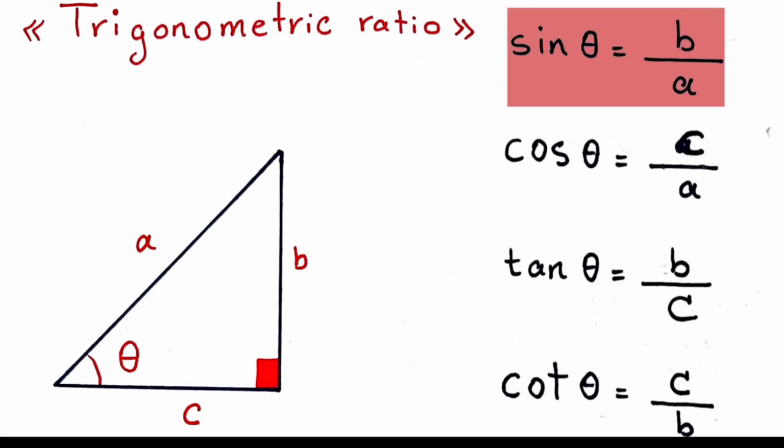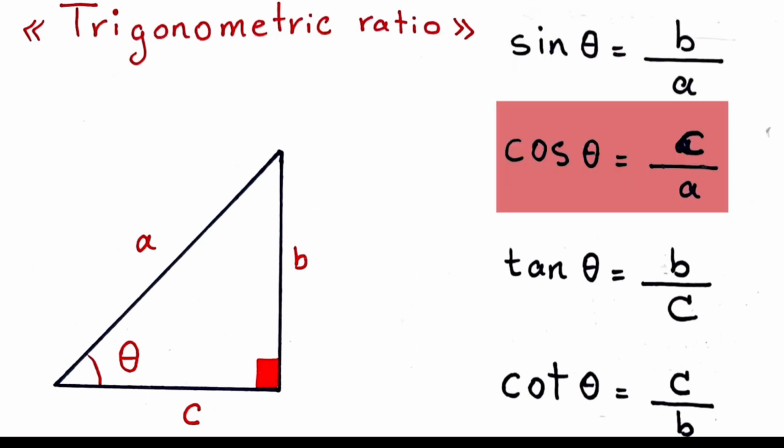Sine theta is equal to the size of the opposite side of theta divided by the size of the hypotenuse. Cosine theta is equal to the size of the side adjacent to theta divided by the size of the hypotenuse.